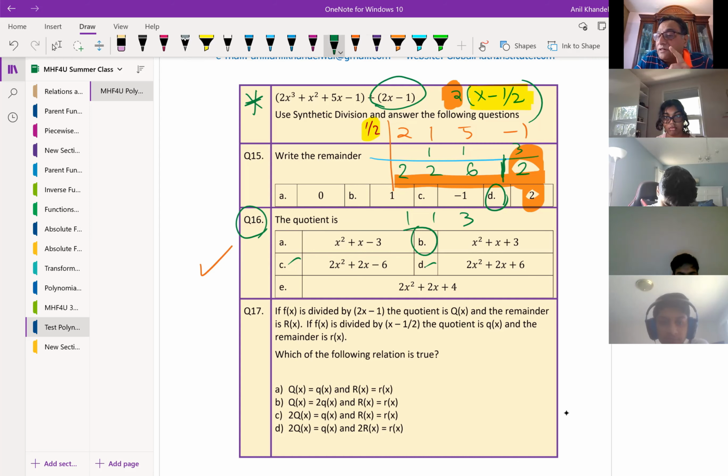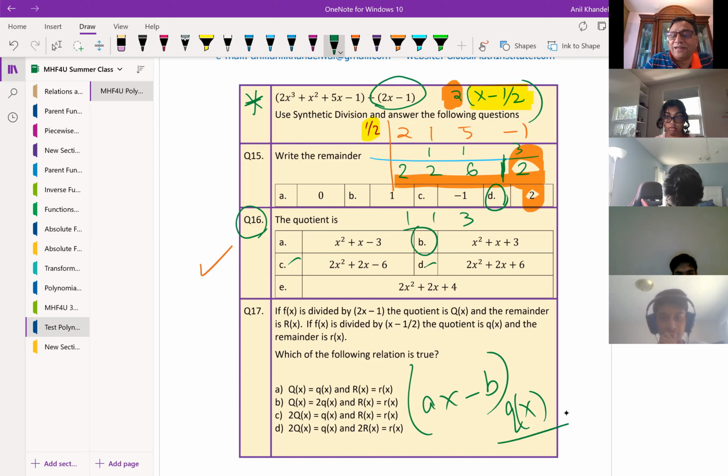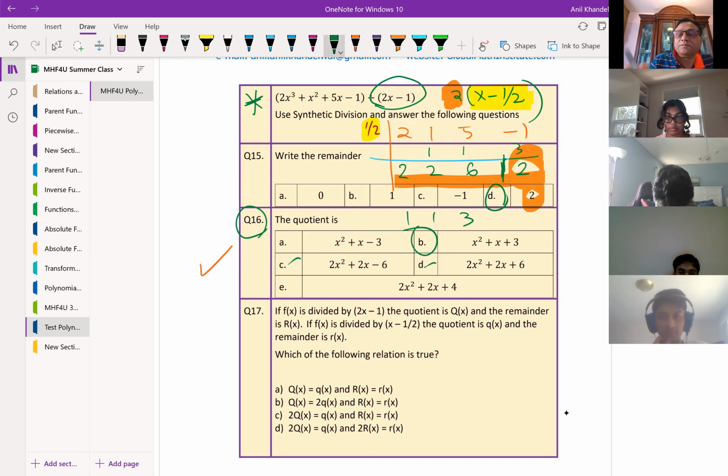So when you're doing synthetic division, this is a very important test question. You have to be careful. When I divide by something like ax minus b, the quotient should be whatever quotient you are getting, right? You have to divide that by a, because you factored out a, right? You get the idea?